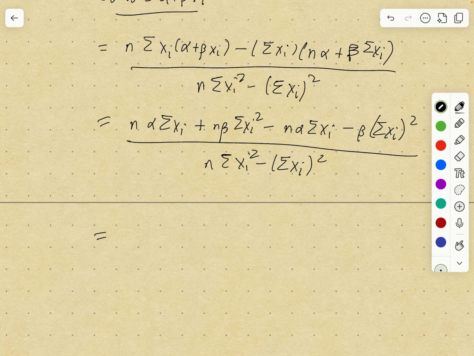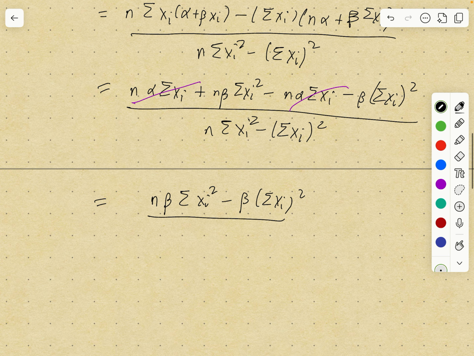And now the n alpha sum of xi's will cancel in the top, and so you're going to get n times beta times the sum of the xi squared minus beta times the sum of the xi's in parentheses squared.